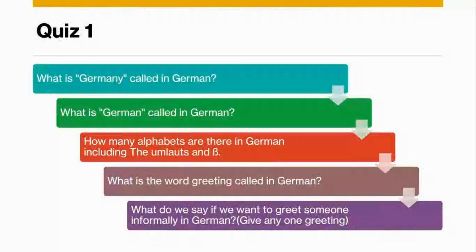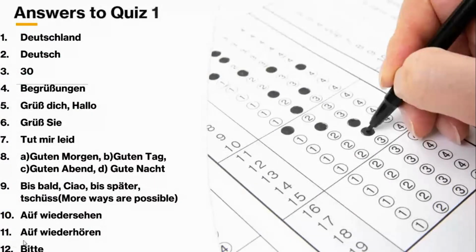How many alphabets are there in German, including the umlauts and the sh sign? So there are a total of 30 alphabets in German. So this question I'll explain.